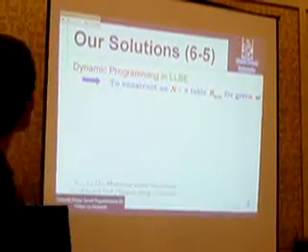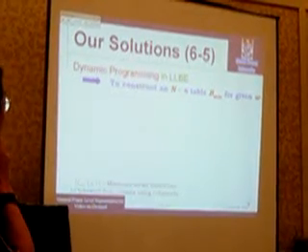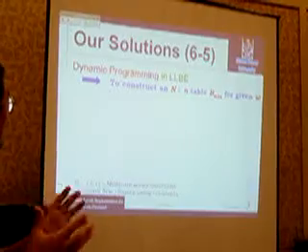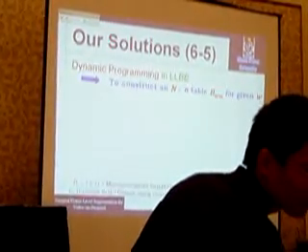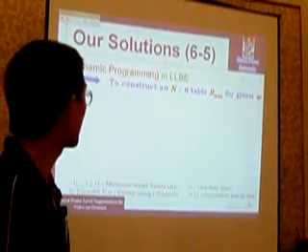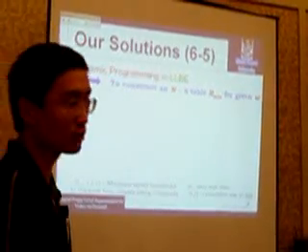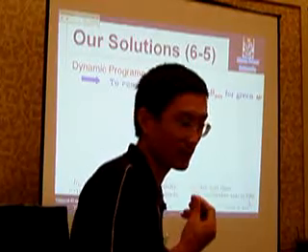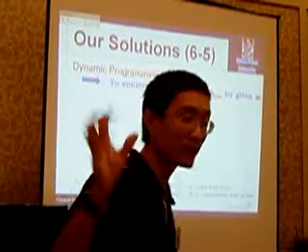B min J I stands for the minimal server bandwidth to transmit the first J frames in the video using I channels. And capital J is the cumulative size in bits. So A1 is the size of the first frame in bits, and capital A N is the size of the whole video.